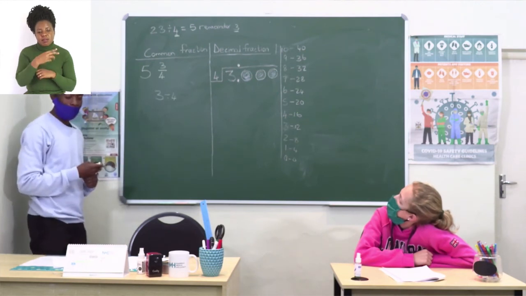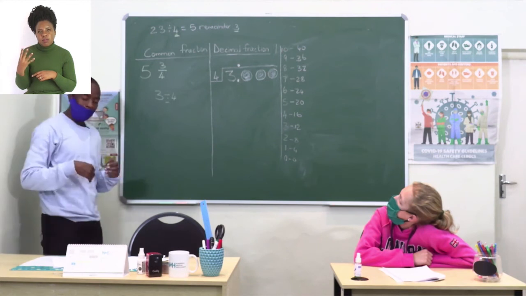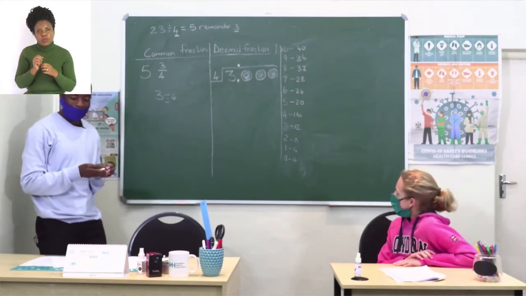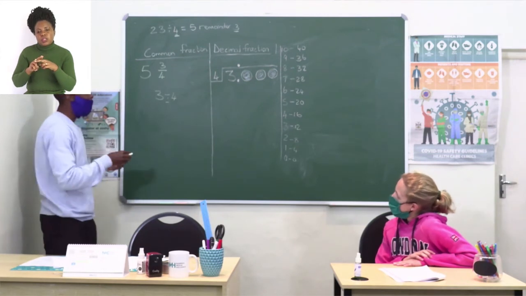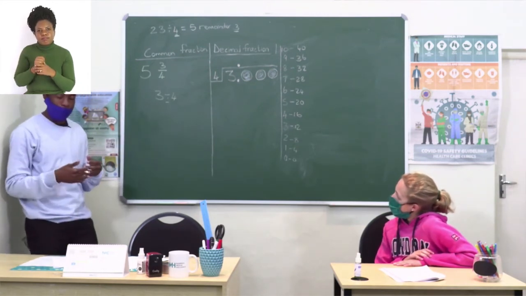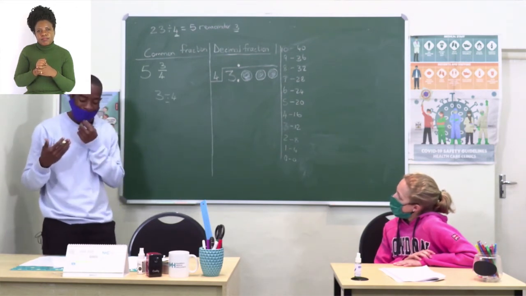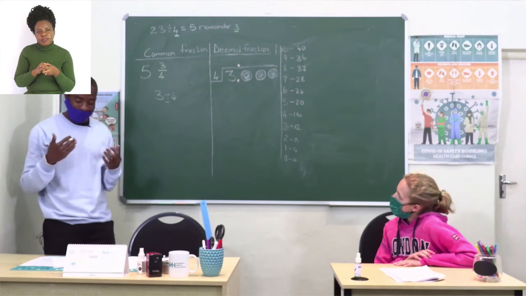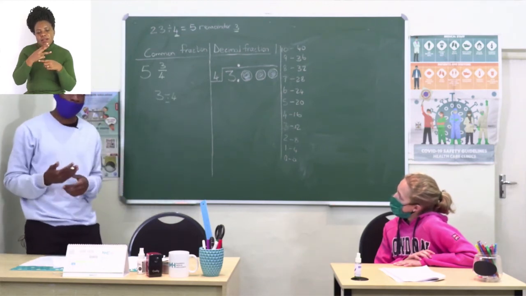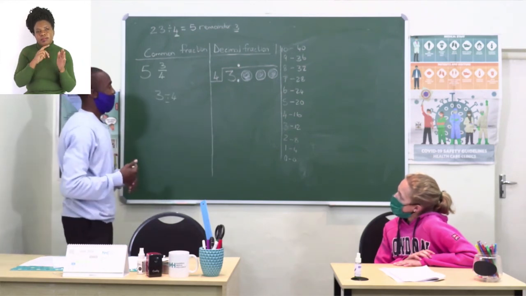In other words, we are going to use division. We are going to divide our numerator by our denominator so that we can find out what our answer will be. In other words, we're going to discover how we write our answer as a decimal fraction. Okay, let's get to it.